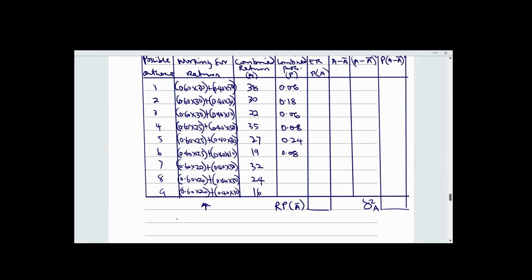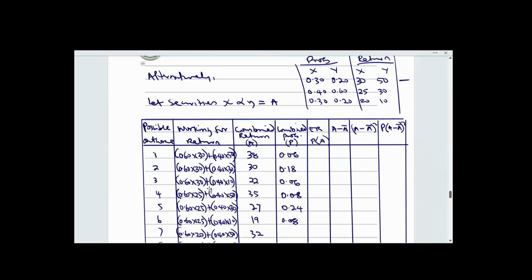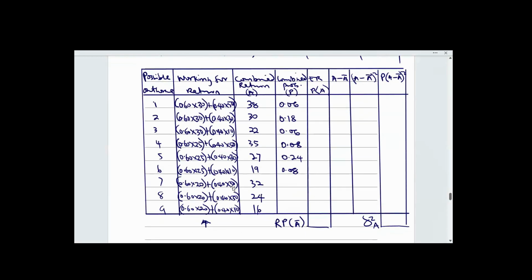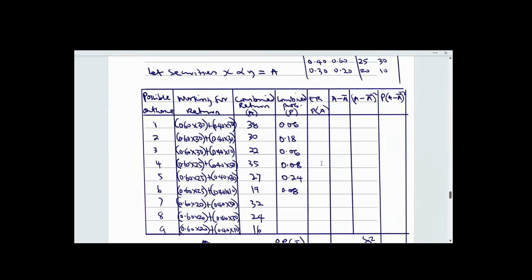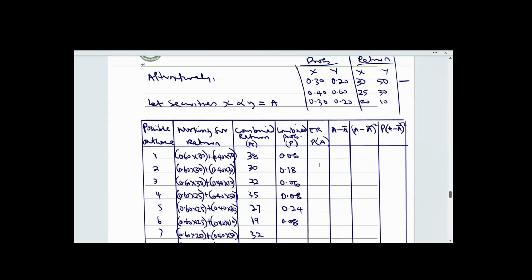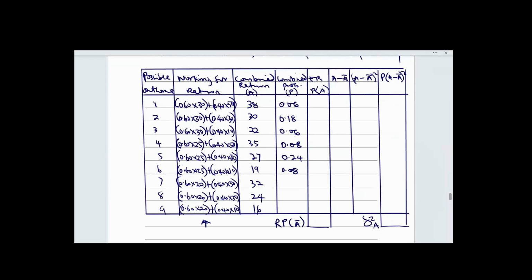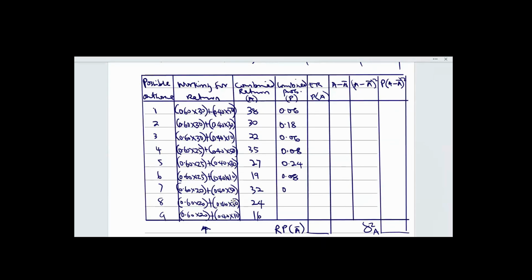Then the last one, probability of return 20 for x is 0.3. Probability of return 50 for y is a 0.2. So 0.3 multiplied by 0.2, that should give us 0.06.